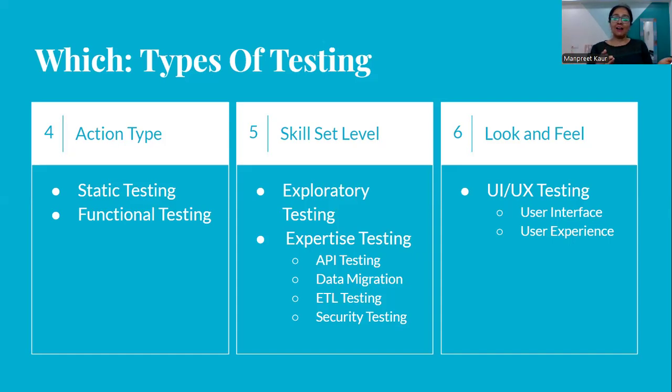Then expertise testing, we are expert of something. API testing comes under that. Okay. Then data migration, ETL testing, and security testing. There are certain tools which we are using in security testing and all these types of testing. So API testing, everyone is now familiar with the term API.